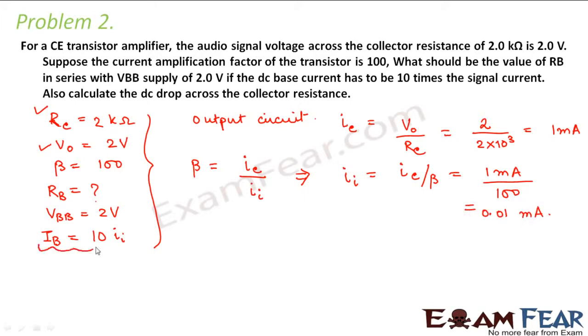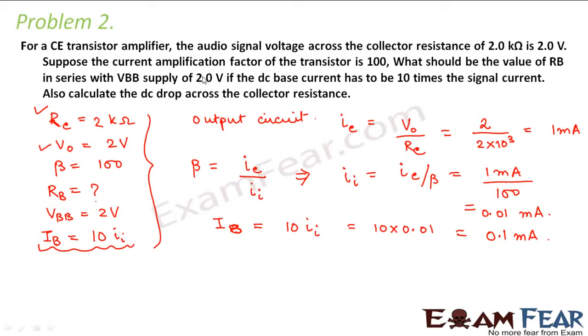Now using this relation I can calculate the base current, which will be equal to 10 times the input signal current, that is 10 into 0.01 milliamperes, which is 0.1 milliamperes. This will be my DC base current.